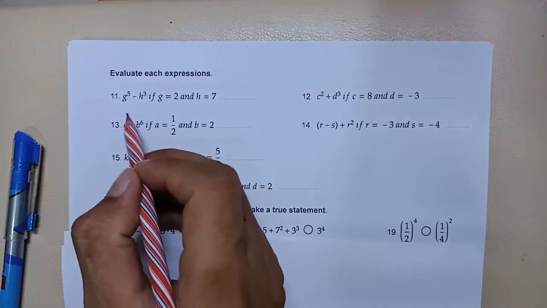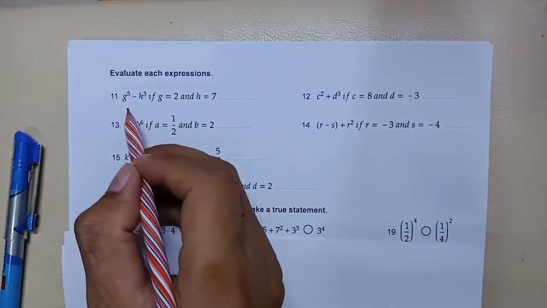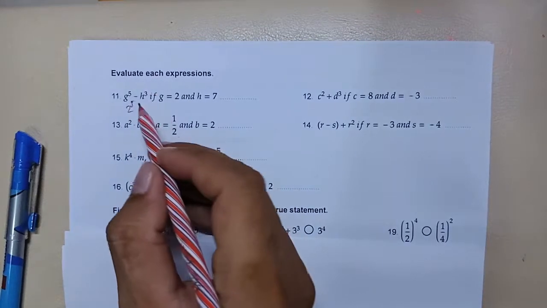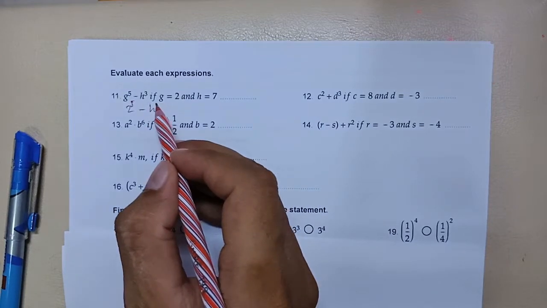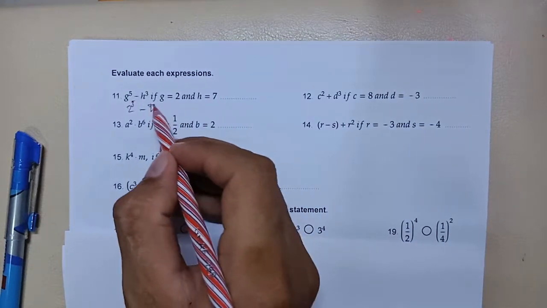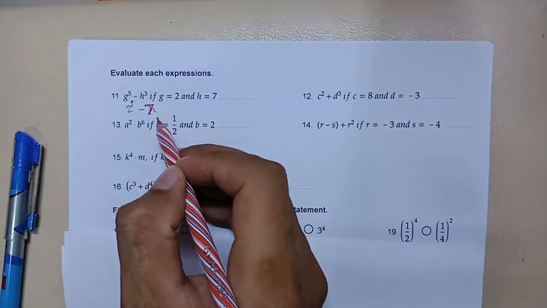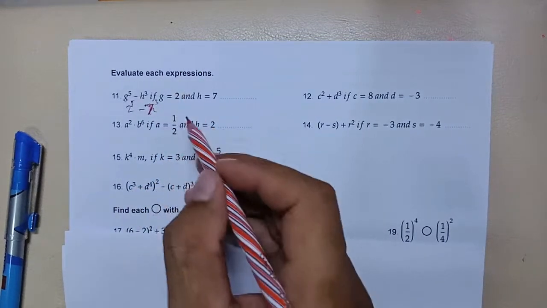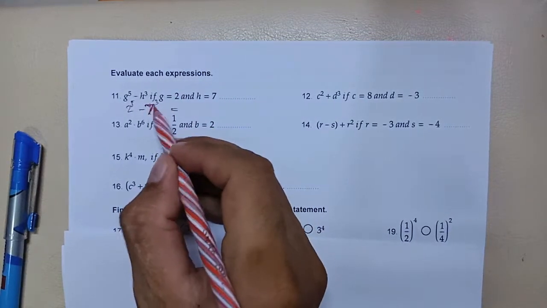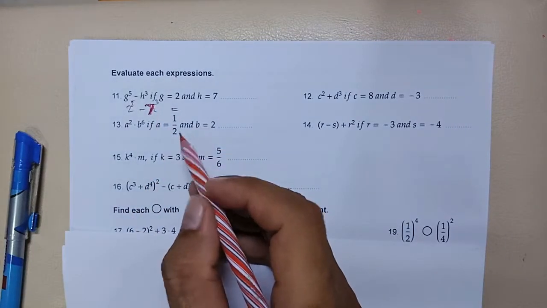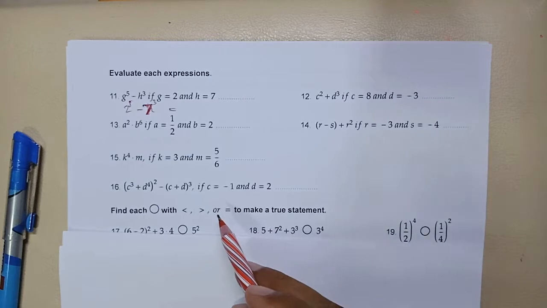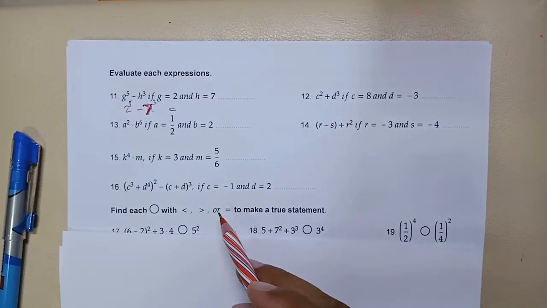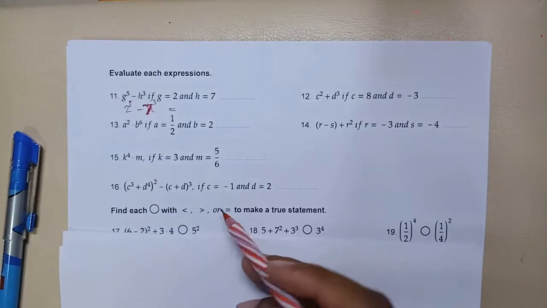So g is 2, so you have 2 to the fifth. This is a minus. H is 7, so 7 to the third. So 2 to the fifth, I mean 2 times 2 times 2, 5 times, you have this as 32.